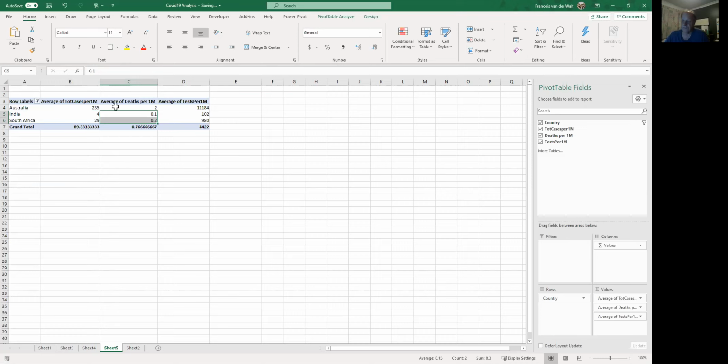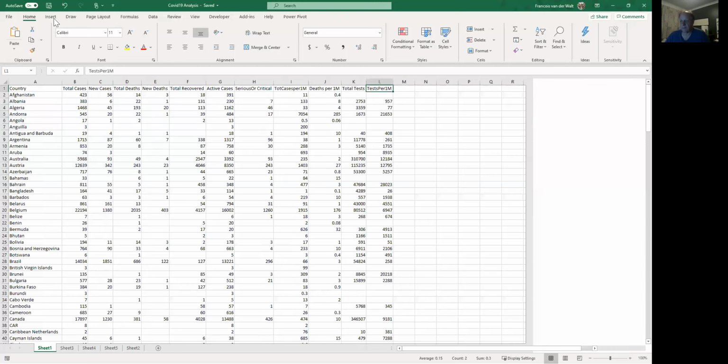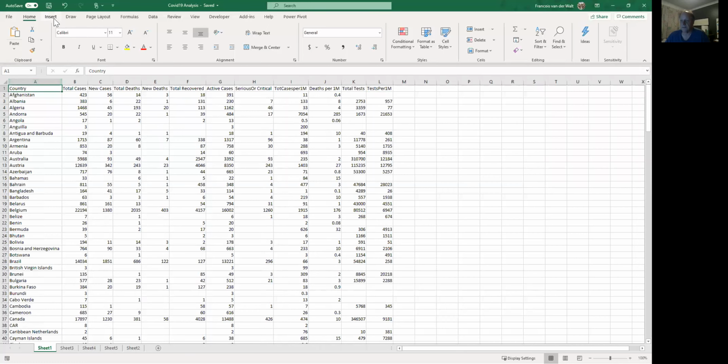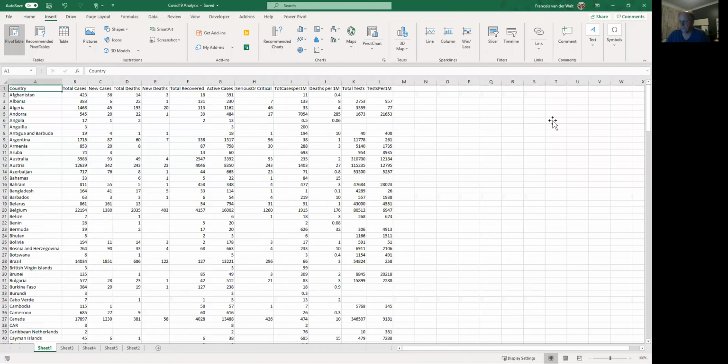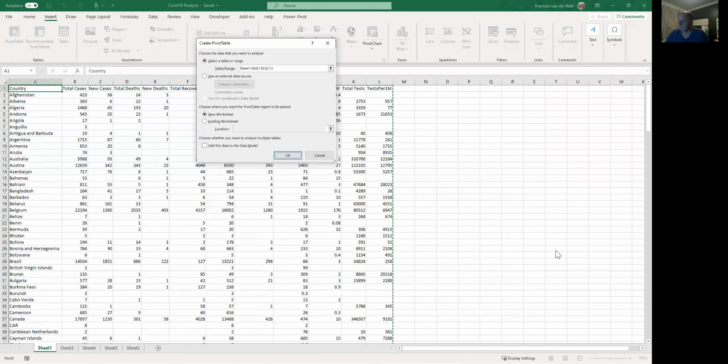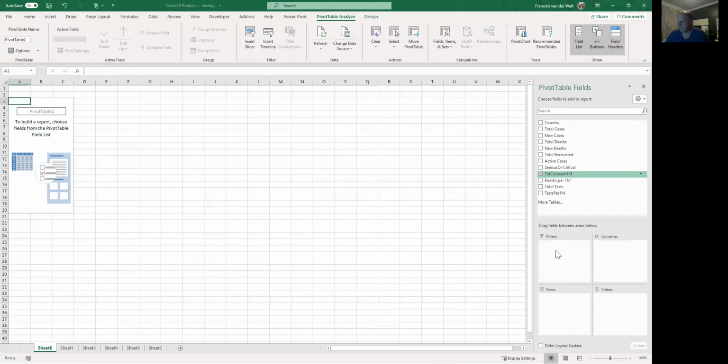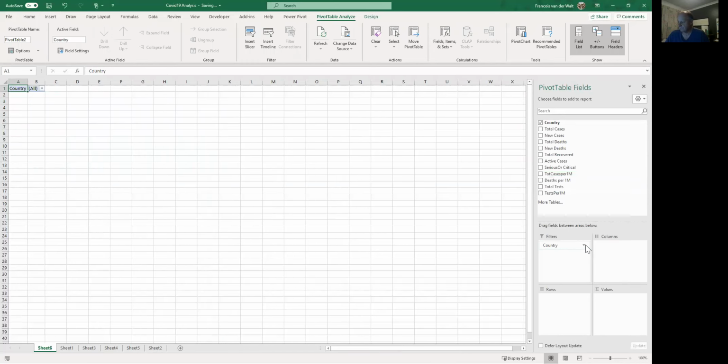So my view is that this is a total underestimation of what's happening. Say, for instance, we bring in, okay, if I go back to this data and I do the same thing, insert pivot table, and I want to compare other countries, filter, okay, country, let's just look at deaths per 1 million.